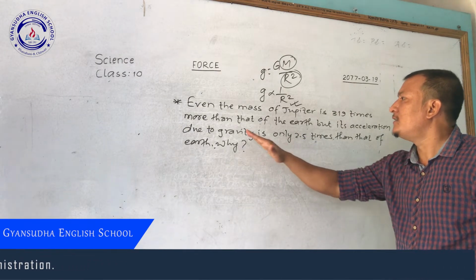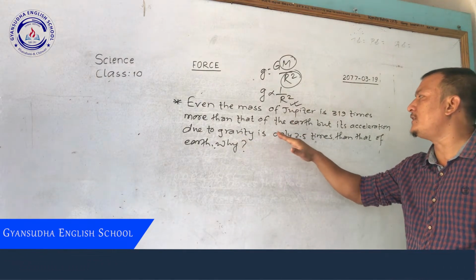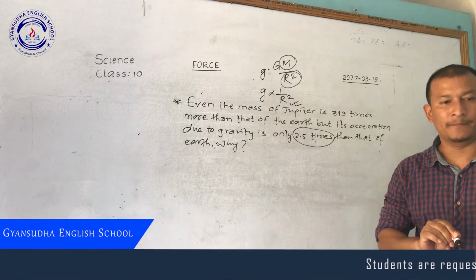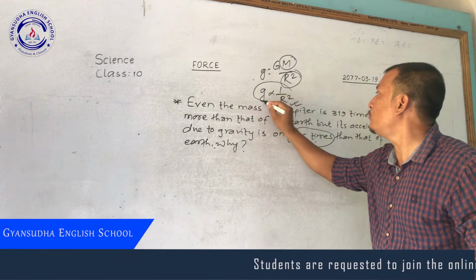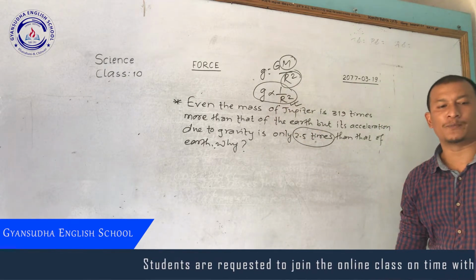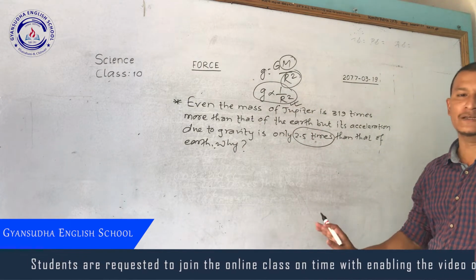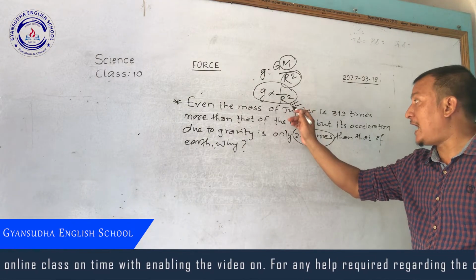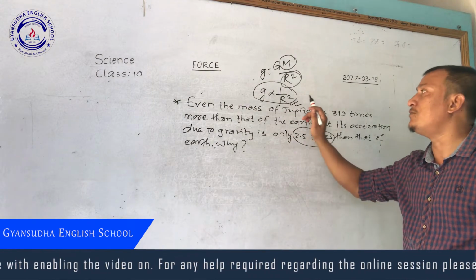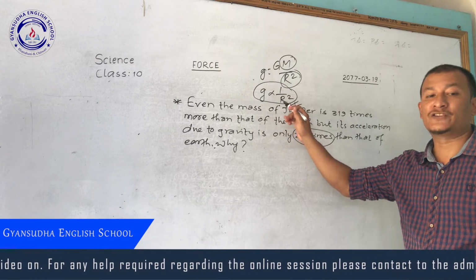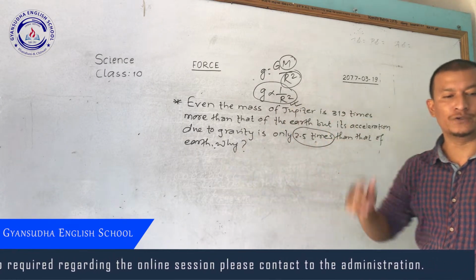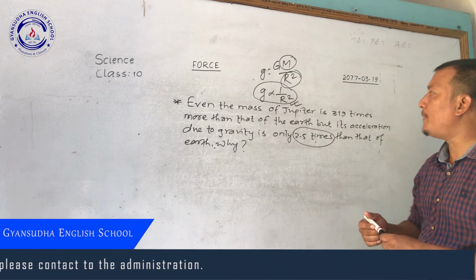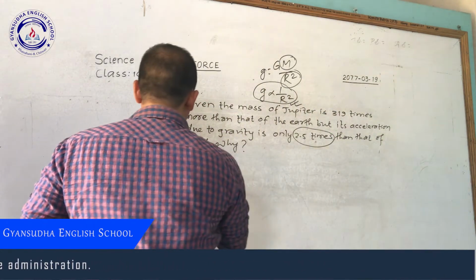As a result, the value of acceleration due to gravity of Jupiter is only 2.5 times more, because acceleration due to gravity is inversely proportional to the square of the radius. Understood? That is, the value of g is only 2.5 times more because its radius is very long. So you have to remember the similar question.